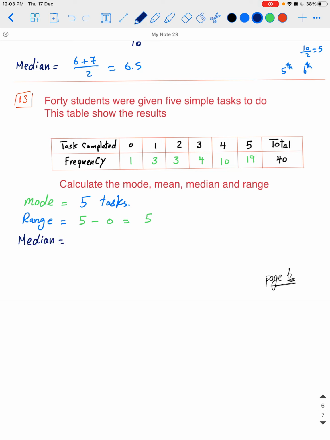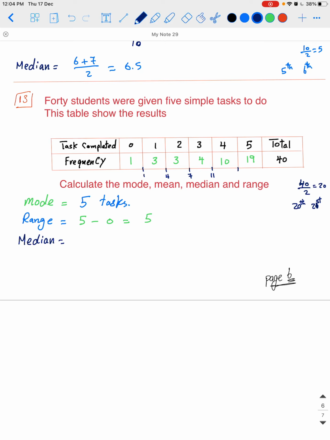How many values do I have? 40. So 40 divided by 2, you will get 20. So I will take number 20 and number 21. Let's go. Till here it's 1. 1 plus 3, so till here it's 4. 4 plus 3, so till here it's 7. 7 plus 4, so at the end of here it's 11.